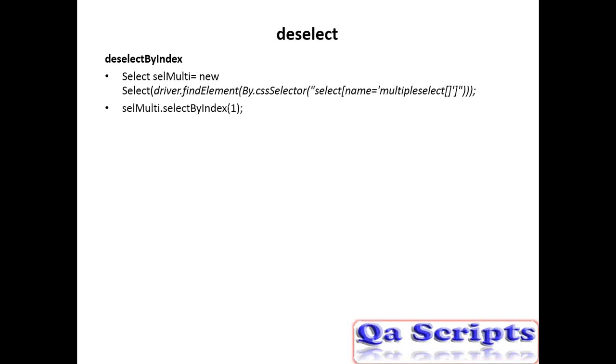Let us look at the syntax of how to use it. Here I am using select by index and I am saying 1. Please remember, before using deselect by index, we should select the option. We should have selected the option of index 1, then only this method will work. Hence I have used select by index 1 and then I have used deselect by index 1.